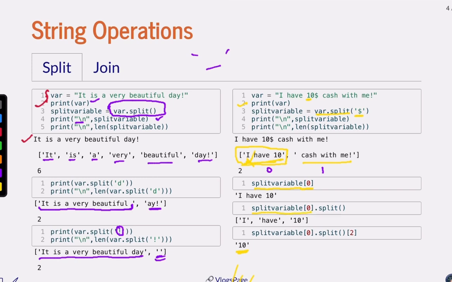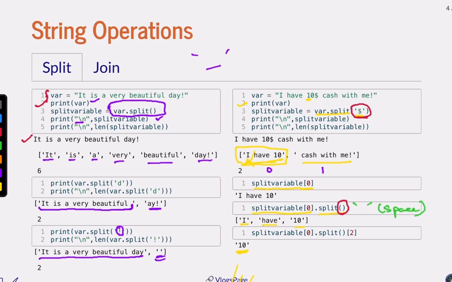Now this we have further split, since there is no input parameter that was given. Like earlier here we have given dollar, here we have not given anything. So by default this will take space as the default input. So accordingly the "I have 10" has been split by space, which has resulted in 3 separate strings: "I", "have" and "10".